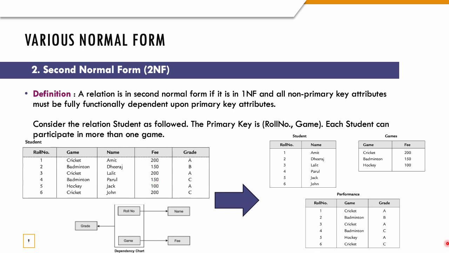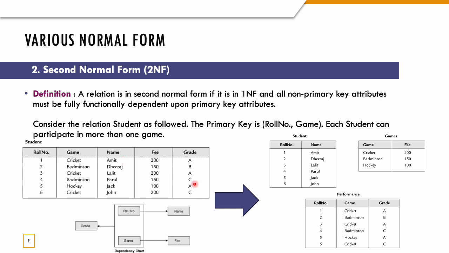So we need to separate the partial dependency from the fully functional dependency. In this table, we need to split the original relation into three new relations.